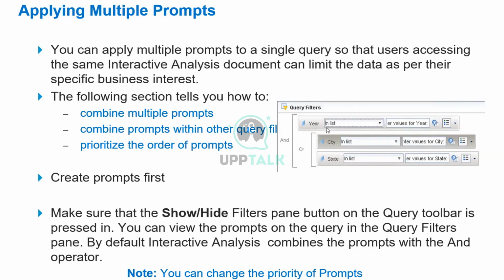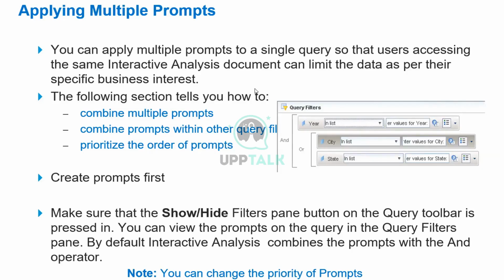It should check all three statements. Only if the three conditions match will the data come. The data which matches all these three conditions will come into the report. These are the multiple prompts. You can apply multiple prompts to a single query.